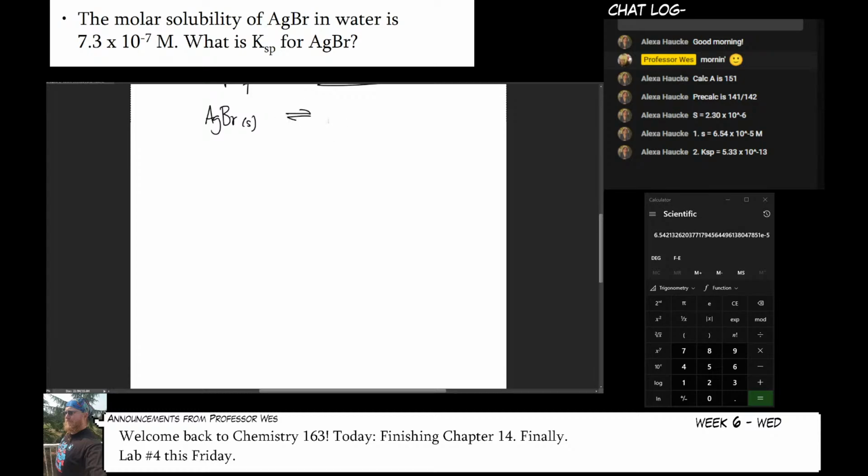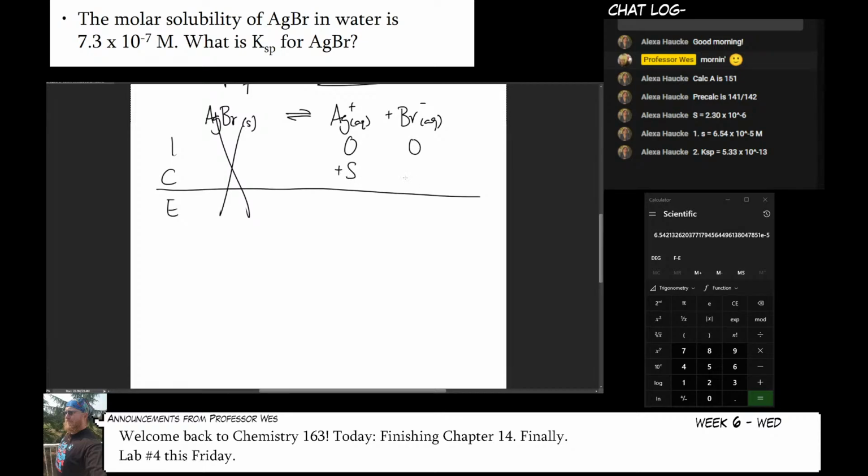So silver bromide will dissolve into silver and bromide. I got nothing to start. I'm going to produce S of each. And so KSP would be just S squared.